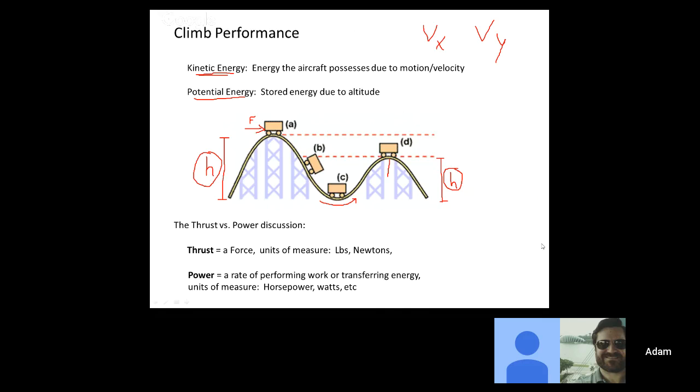There is a lot of confusion out there amongst pilots about thrust and power being the same thing or different things. Truly, if you want to get technical, thrust and power are two different things. Thrust is a force, and power is a rate of transferring energy.